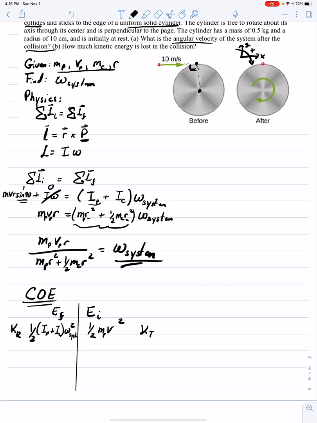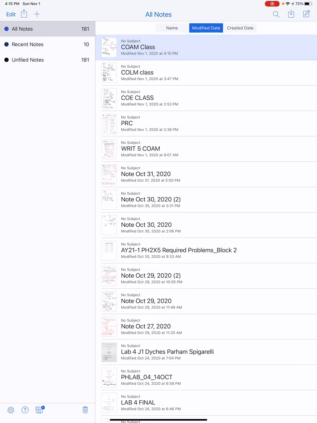So you found the angular velocity of the system, and now you can include it here. And don't be scared, by the way, this is listed in your PRC, and let me pull out the PRC just to show you a reference.